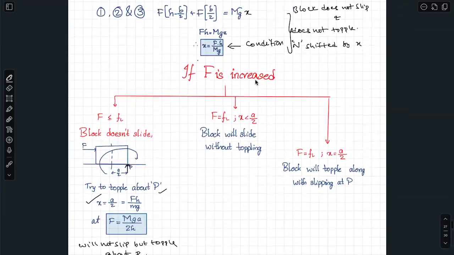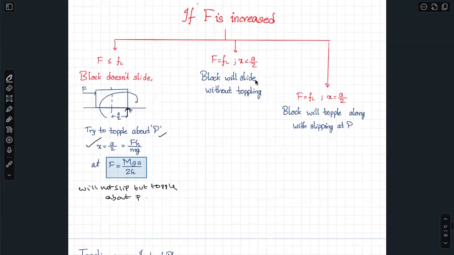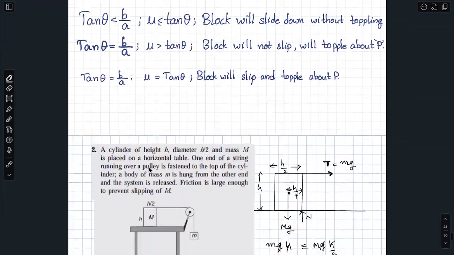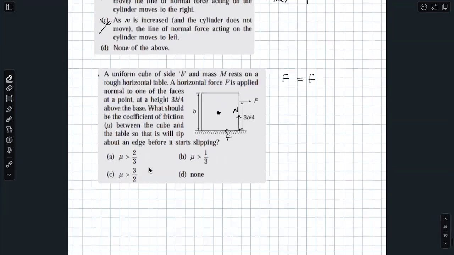F is equal to mga by 2h, where h is the point of application of force.